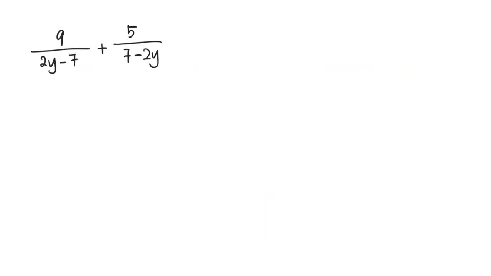Hello everyone, welcome to this video where we are required to express as a single fraction for this addition. And every time we add a fraction, we do need to make sure the denominator is the same. And for this particular question, I realized that I can rewrite 7 minus 2y in a form that will help us greatly later.